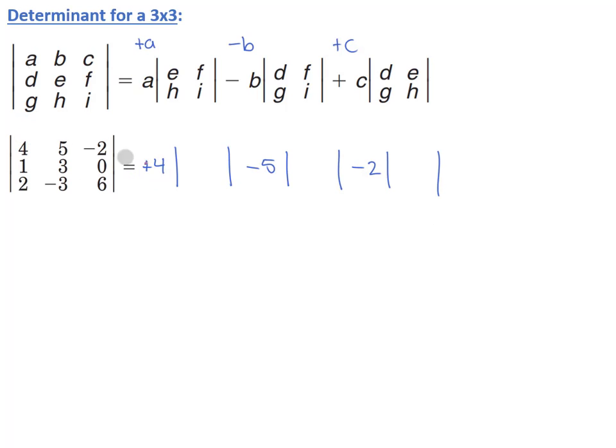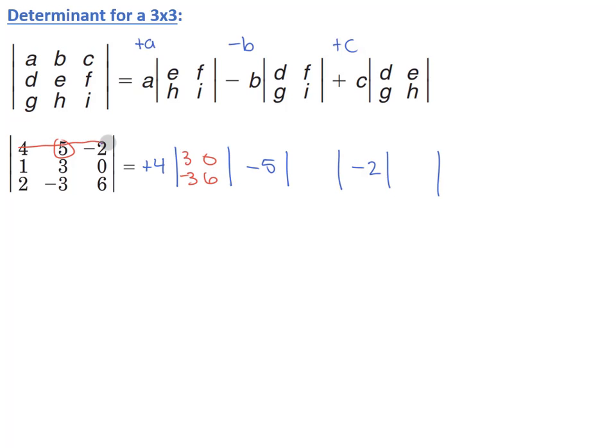So our first one, 4, and we're going to ignore that row and column it's in. So the values that are going inside my matrix here are going to be 3, 0, negative 3, 6. Okay, for our next value, 5, our second one, what's minus because it's always minus for the next term.